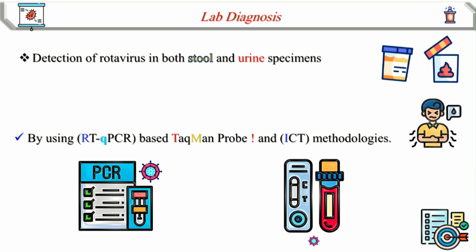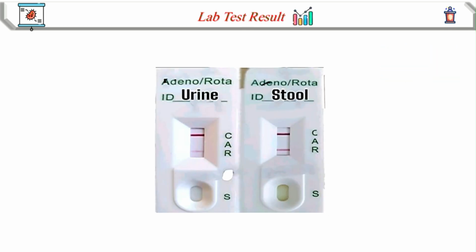Regarding another method, real-time PCR, we can use it, and although this method is sensitive, robust, and reliable, it is considered time-consuming, though it gives accurate and specific results. As we can see in this picture, this is a test for a child suffering from acute gastroenteritis as a result of rotavirus infection.